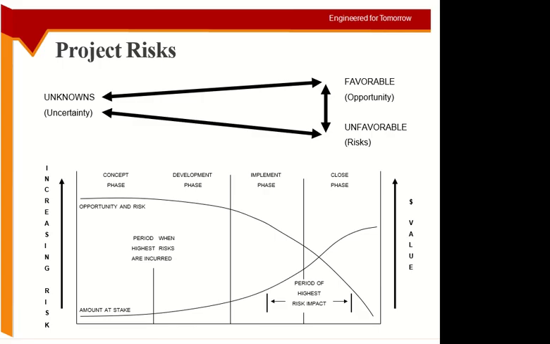Like we can have a price increase, we can have a price decrease as well. Or we can have a new material which is much cheaper, or which can do a better job for your project. So this will be an opportunity. They are playing with the normal perception that something bad is called risk and something good is called opportunity.